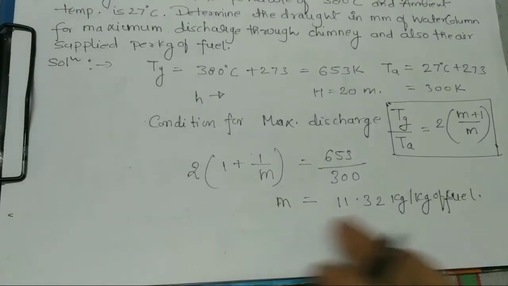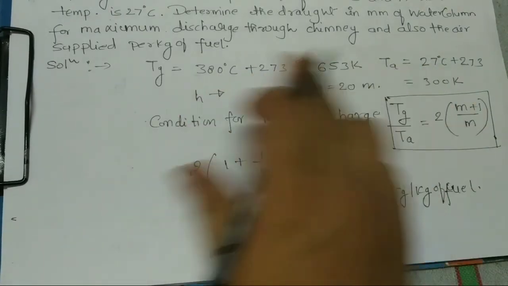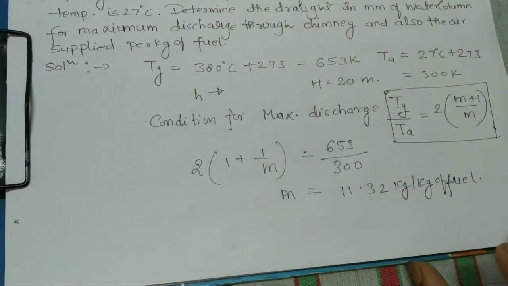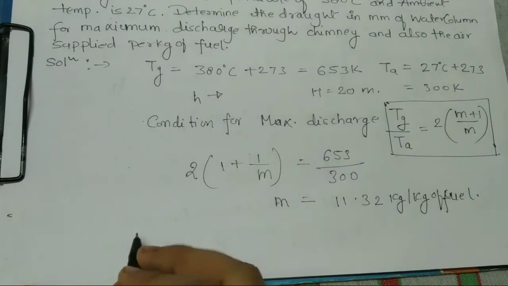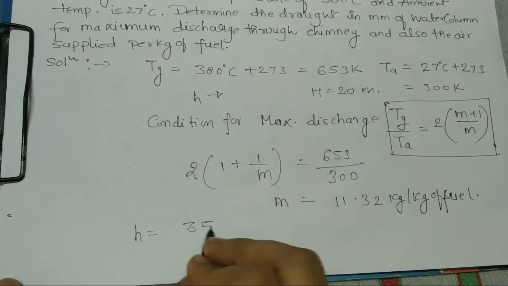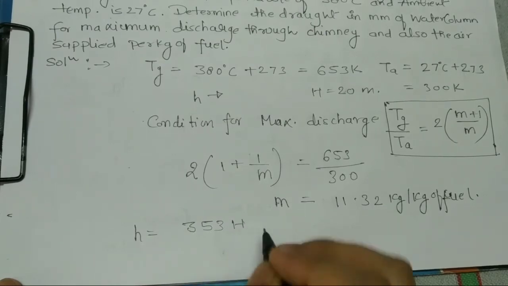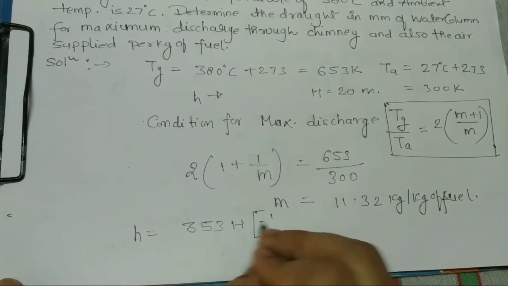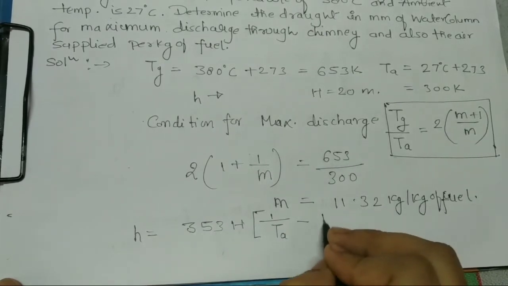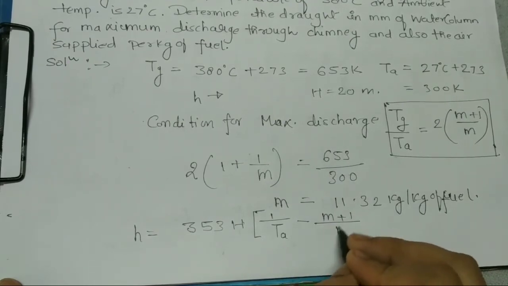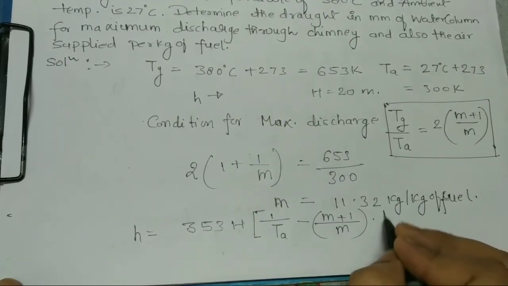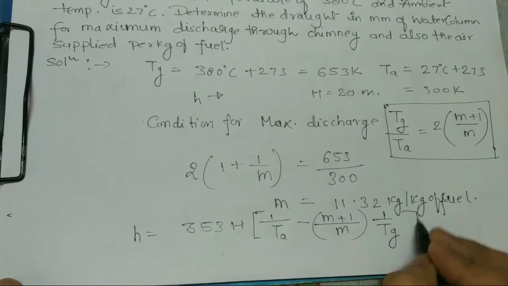So we have solved this. Now we need to find out small h. When m is known, you can easily use the formula: small h is equal to 353 capital H, 1 upon Ta minus m plus 1 upon m into 1 upon Tg.